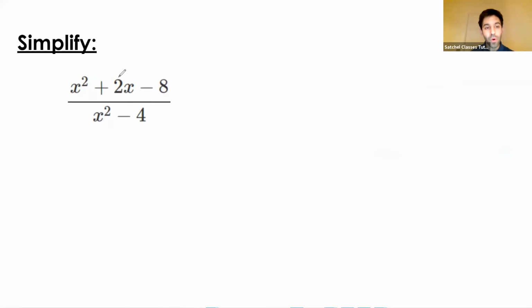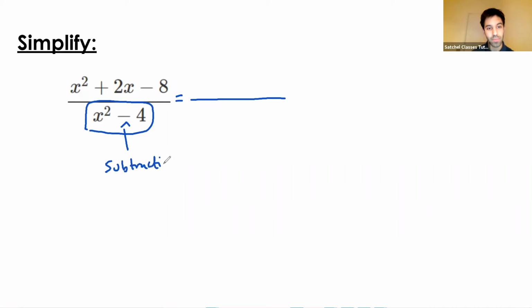However, what we need to do first is to factorize both expressions, so the expression on the numerator and the expression on the denominator. Now what you need to recognize is that this problem is a difference of two squares. I'm subtracting, and I also have two squares. So x squared is a square, or a square number we can say, and 4 is also a square number.